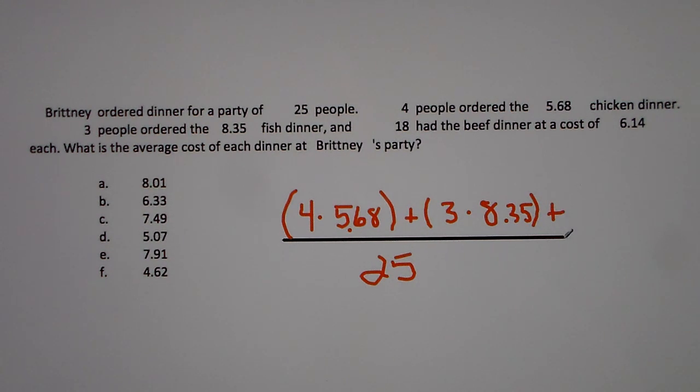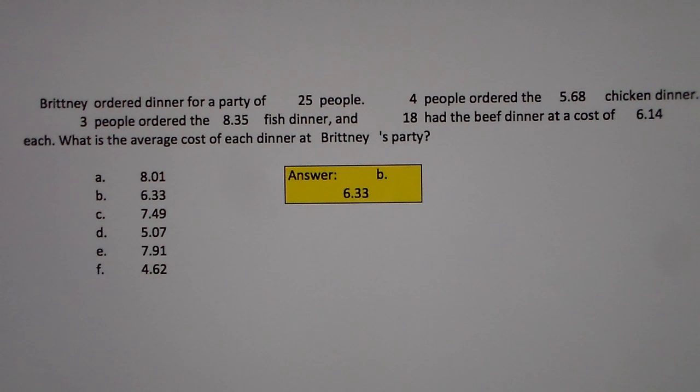Then we're going to add the 18 people times the 6.14 dinner. And then divide it by 25. We're going to get an average of $6.33 per person, which is B.